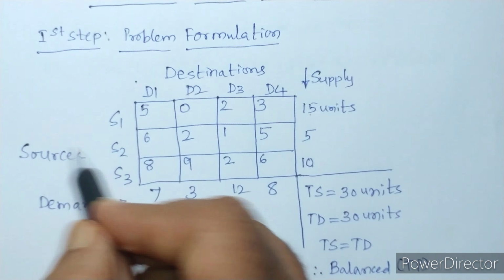And once the entire demand of the dealer is met, you can remove that particular dealer or column. Now out of 15 units we have allocated 7 units here. Remove this, and now adjust it, 8 units are remaining at source S1.